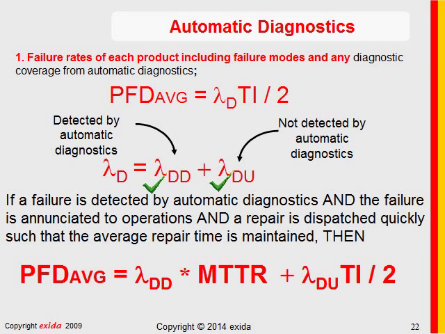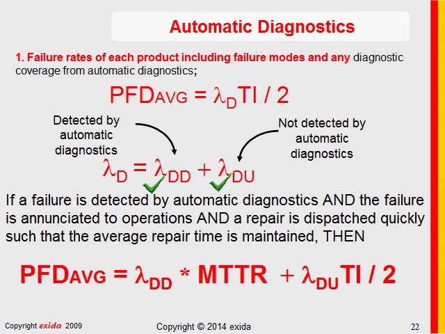So if the failure is detected by an automatic diagnostics, and the failure is annunciated to operations personnel, and a repair is dispatched quickly so that the average repair time is maintained, I know that's a lot of conditions, but that's exactly what can happen, then the dangerous detected failure only contributes to the PFD for a small duration of time called mean time to restore, MTTR.